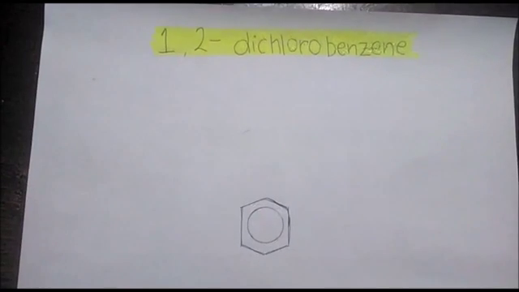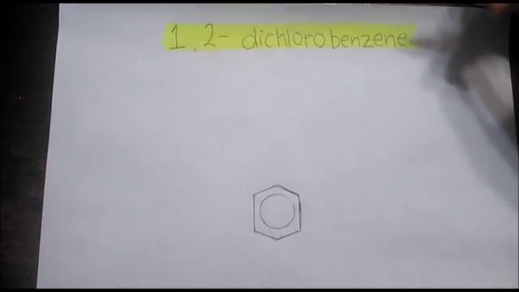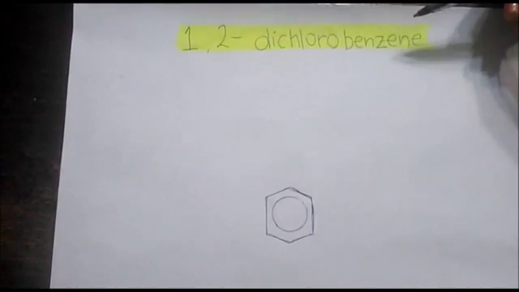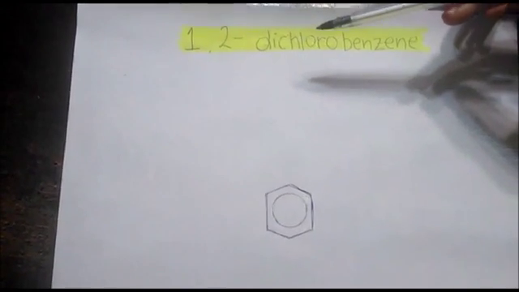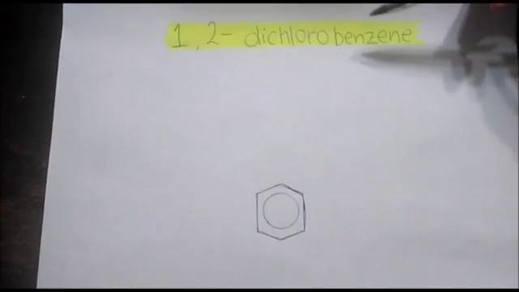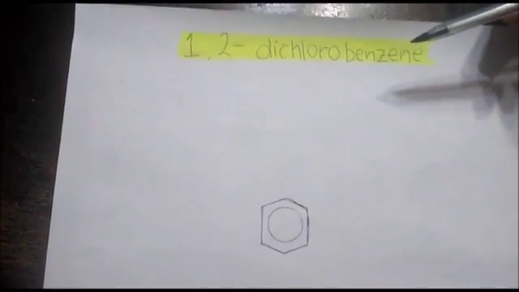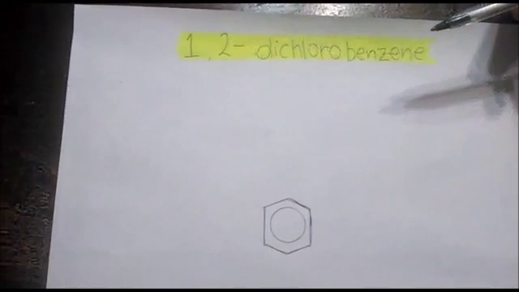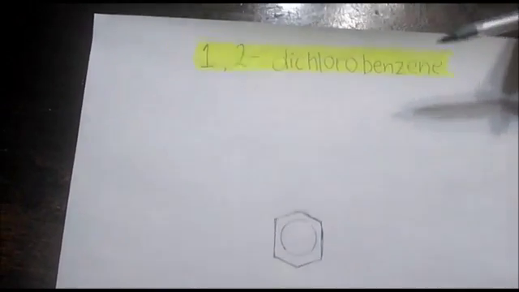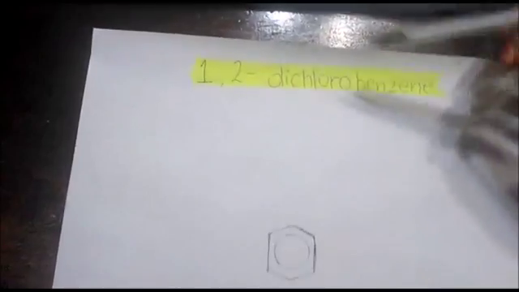Okay, so let's suppose that we have example number 1, and it says 1,2-dichlorobenzene, and we want to draw its structural formula. So first we're going to analyze this. We can see dichloro.